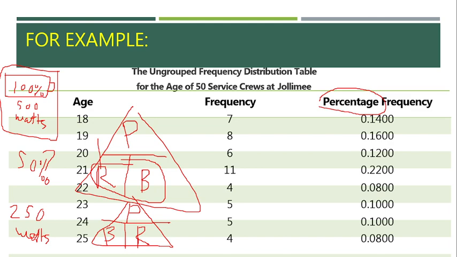So what is the base, the percentage, and the rate? The base is the 500 watts. What is the rate? 50%.